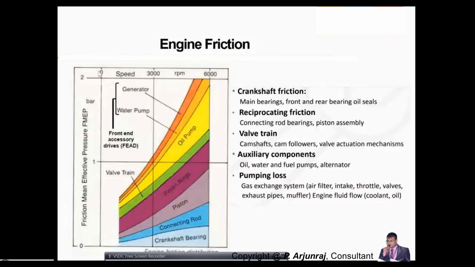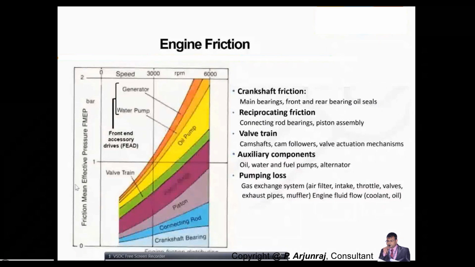The range is 0 to 2 bar of friction mean effective pressure. Mostly the valve train and the feed system contribute to the friction, basically the friction mean effective pressure or friction power of the engine. Here you have the crankshaft bearing, connecting rod, piston rings, and again the oil pump and water pump. Again we have the generator.